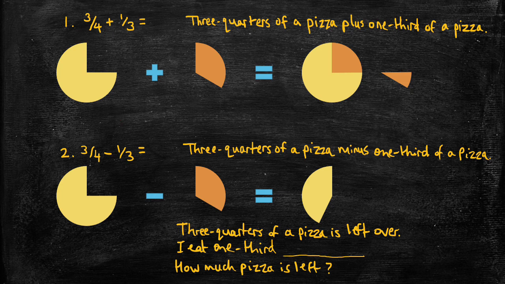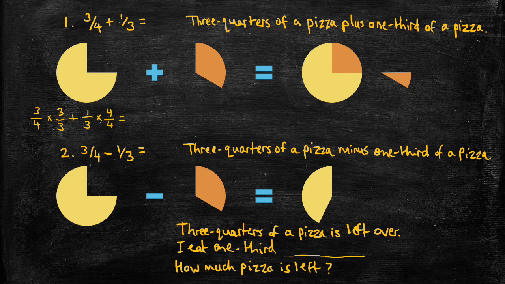So in the last video we went through how to solve that. We use the idea of common denominators. The common denominator for 4 and 3 is going to be 12. So I multiply the 3/4 by 3 over 3, and I multiply the 1/3 by 4 over 4.